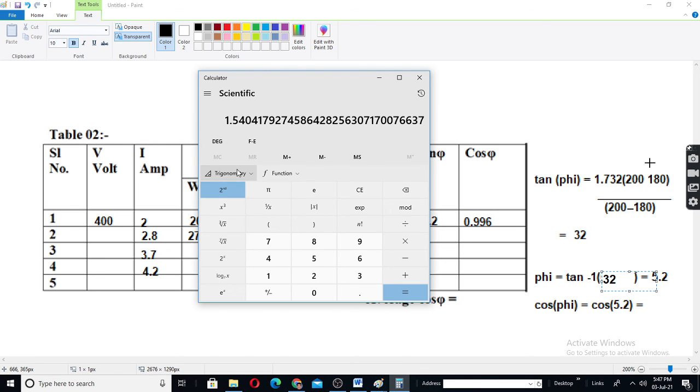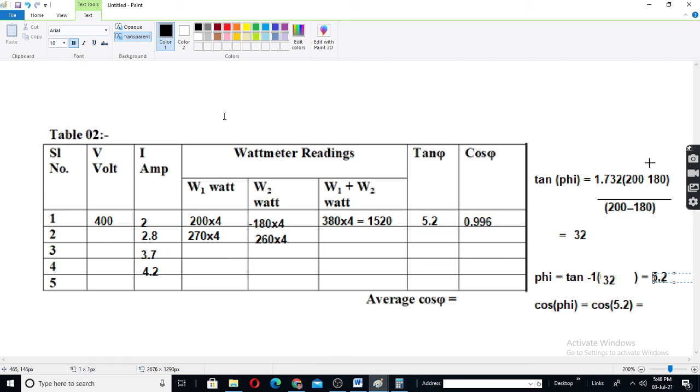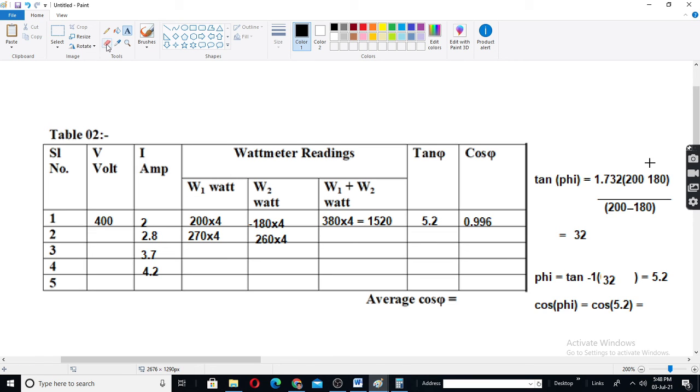Note that this should be in degrees. So then you press 32, inverse tan. It is 88. See, you have to be careful, it should be in degrees. So the answer is 88. Not the final answer.